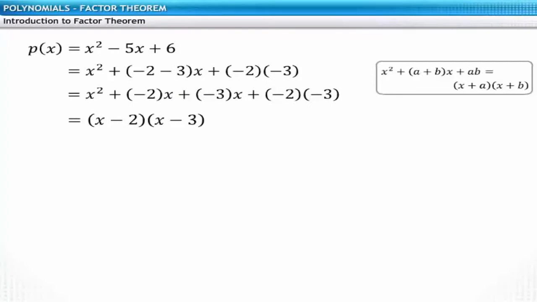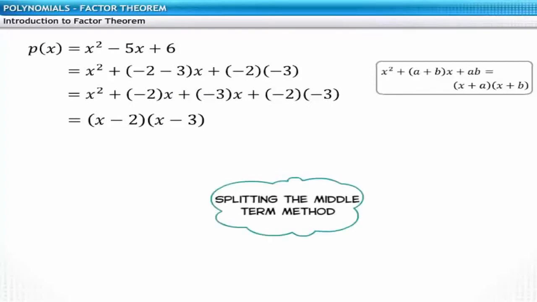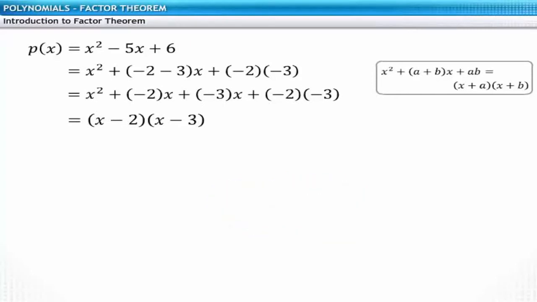This method of factorization of a polynomial is also known as splitting the middle term. The factors of this polynomial are x minus 2 and x minus 3.